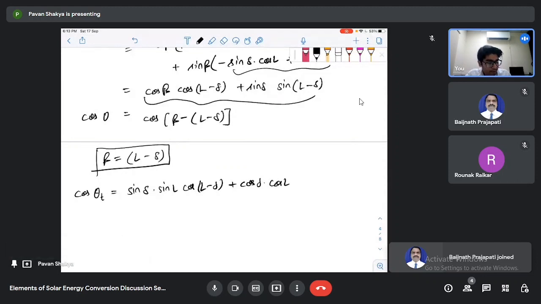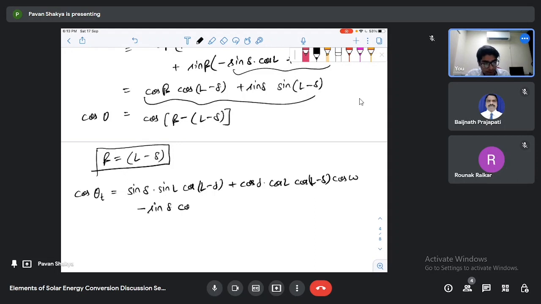So this one will be the second term, cos of omega minus sine of delta cos of L sine of L minus delta plus cos delta sine L sine L minus delta cos omega.